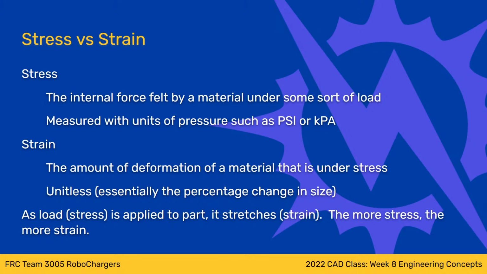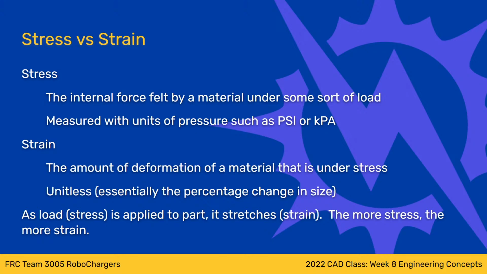Even for very, very tiny amounts of force, a piece of material, no matter how big and bulky it is, will deform under that amount of stress. So a very tiny amount of force will still deform a very large, strong piece of material. However, it'll just be a tiny amount. And so any time that you have stress applied to a material, you will have strain. The material will move. There is no such thing as a perfectly rigid body in the real world.